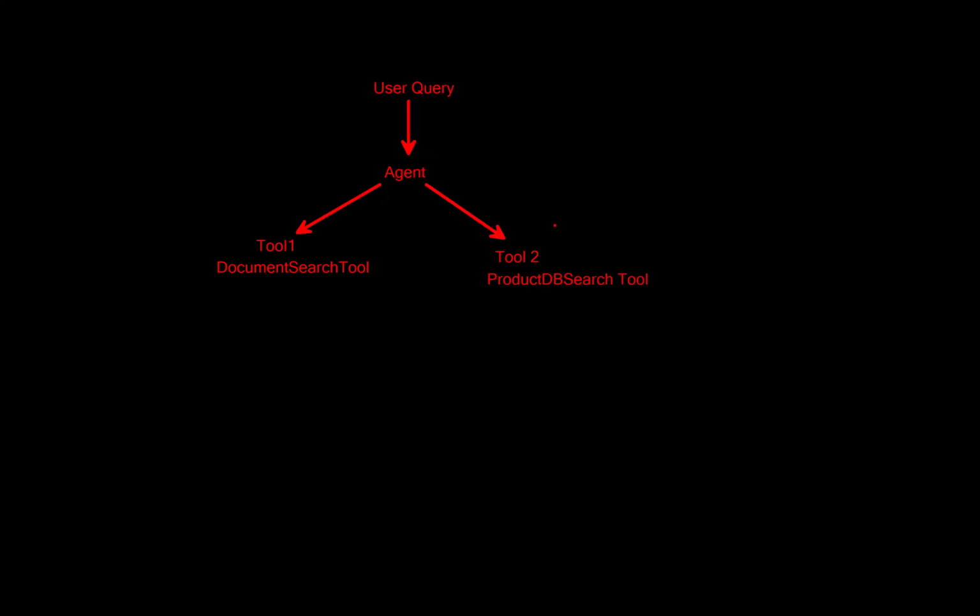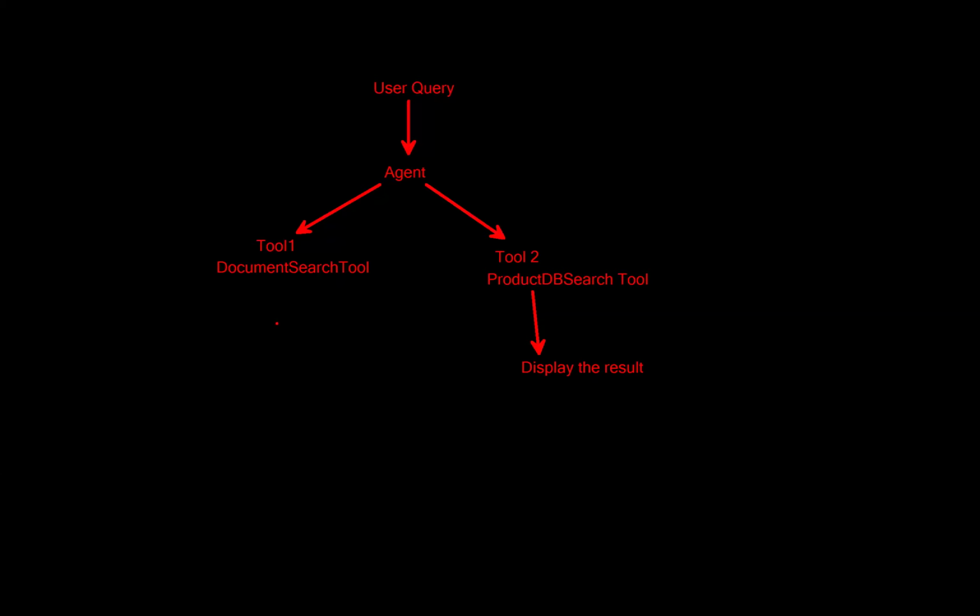Based on the comment that we have given inside the function, those comments will serve as guiding instructions to the LLM. So based on that, it will select these tools. If it selects the product DB search tool, it will fetch the information and display the result.